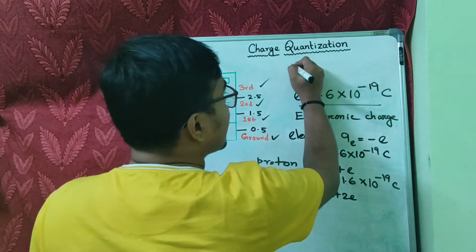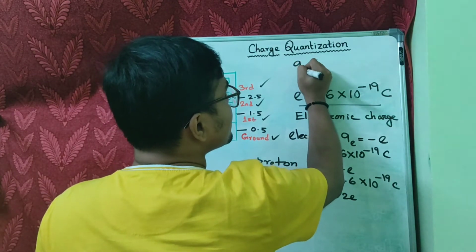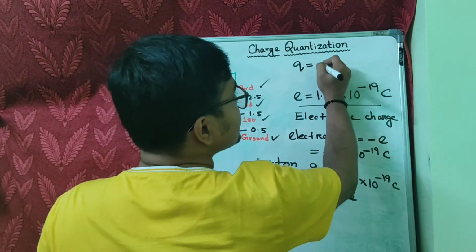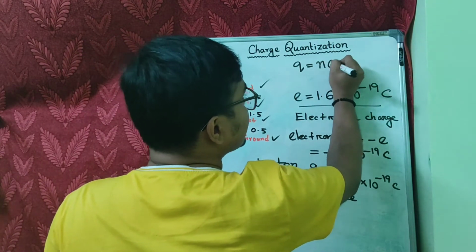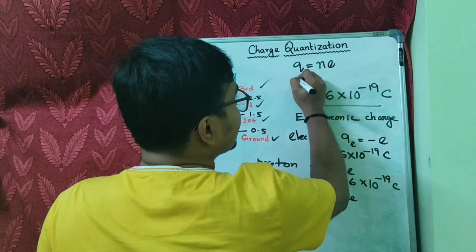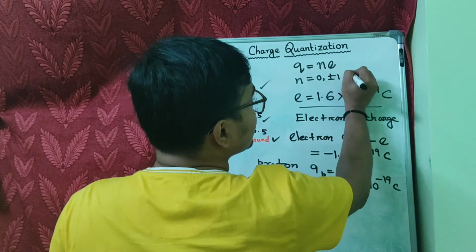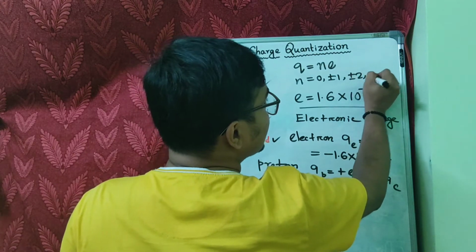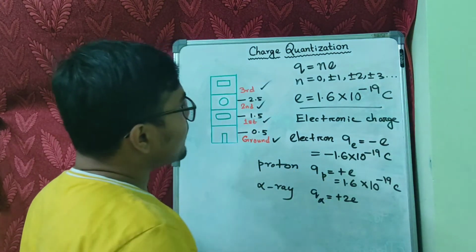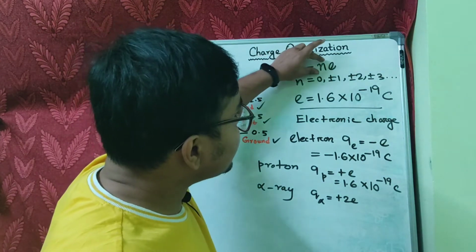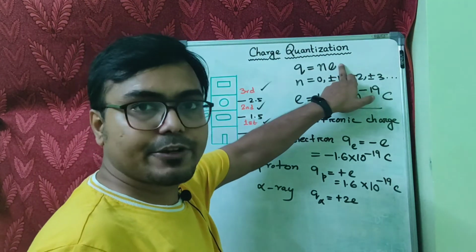So what is the statement of charge quantization? The statement is: Q, the charge in a body, is equal to n e, where n equals 0, plus minus 1, plus minus 2, plus minus 3. So any charge can only be an integral multiple of the electronic charge.